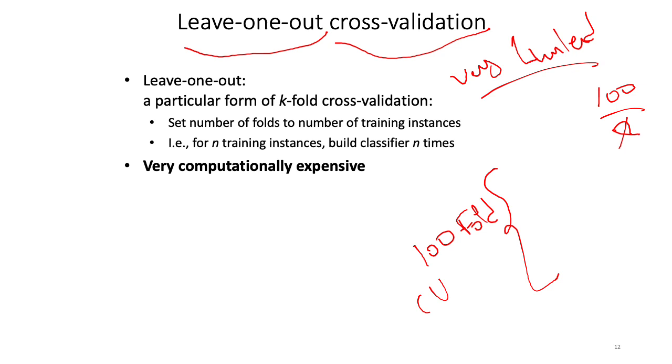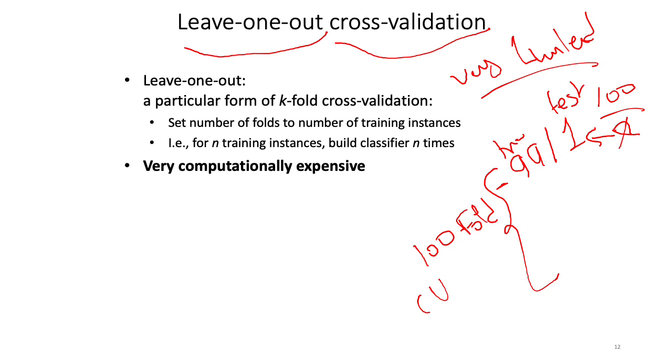In each iteration, you're going to train your data on 99 instances and test on the remaining one. So you are leaving just one instance out for testing. That's where the name leave one out cross-validation came from.